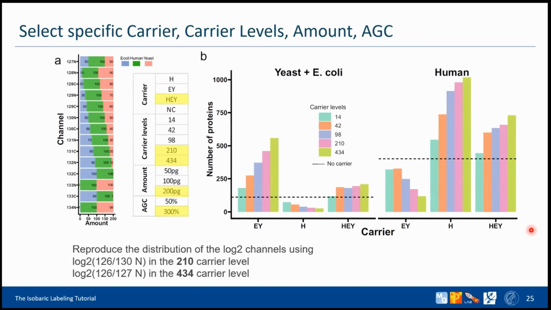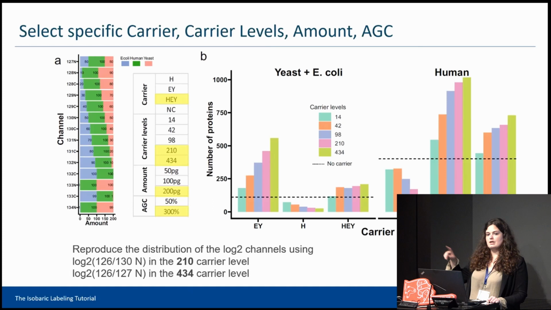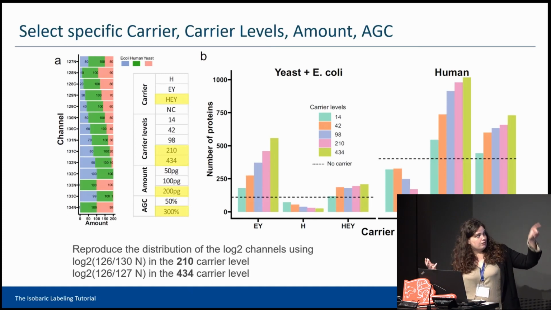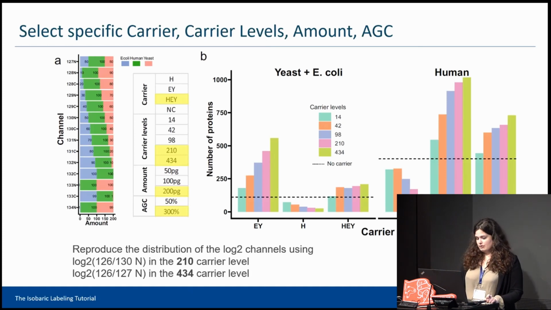Specifically, we will take these two, so we will compare the first two channels in log2, and these two specific carriers. But you can do that with all. The paper will also show you that you can do that with all, you just have to combine many times in Perseus the combination to do this distribution, the ratio, log2. So I took these two examples, but you can do that exactly for all carriers that you have there.